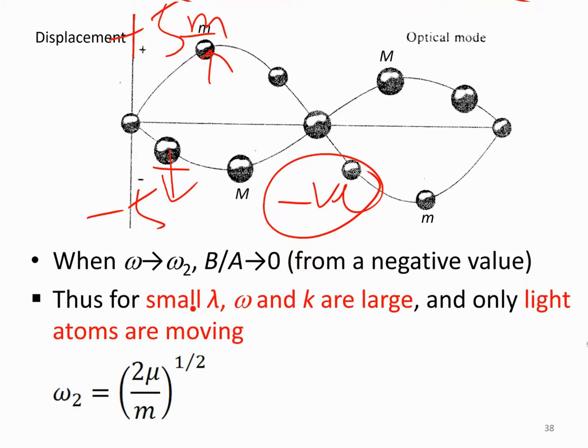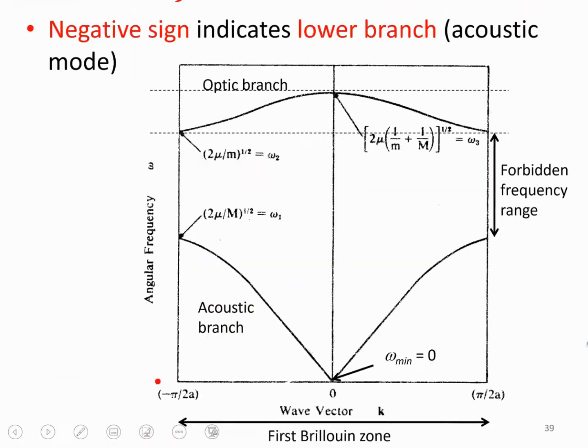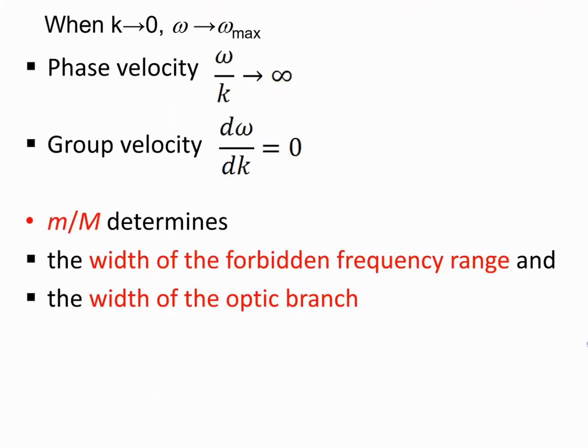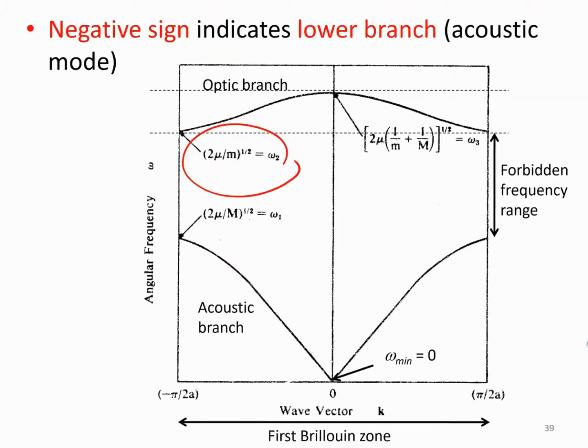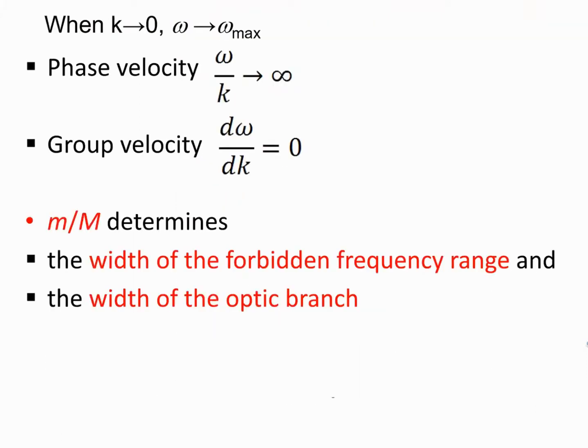So omega 2 equals this equation, remember? Then the phase velocity, omega over k, equals infinite, and then the group velocity, d omega over dk, equals 0. Not important.